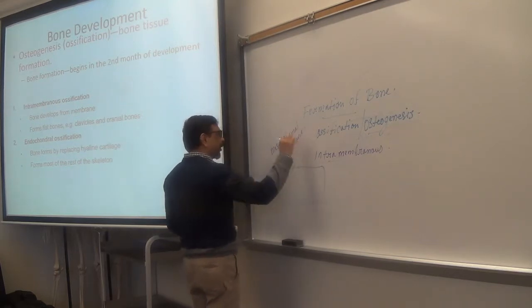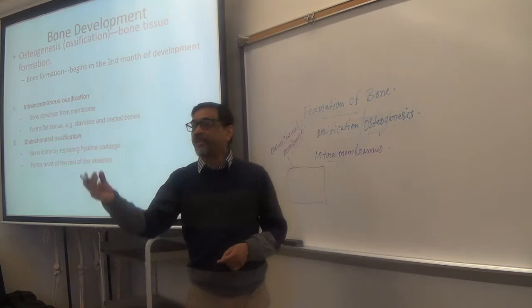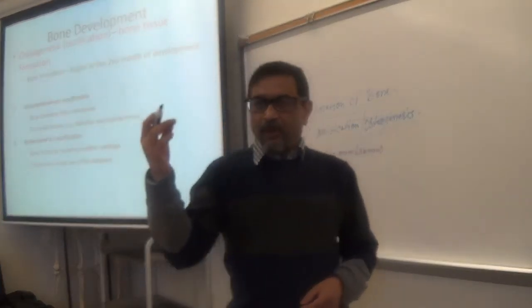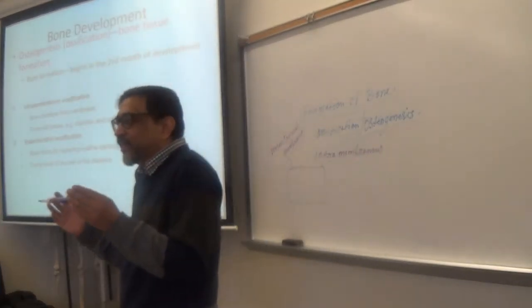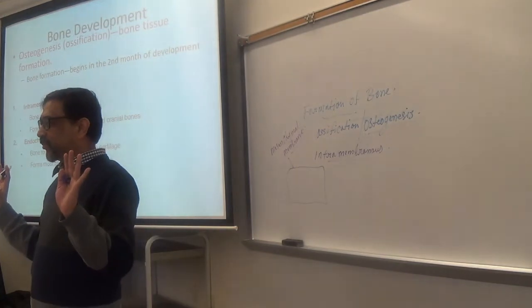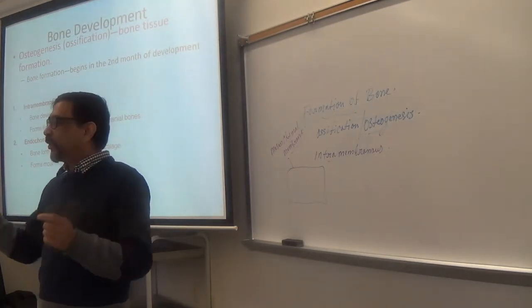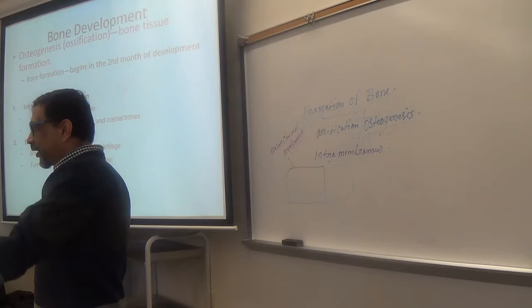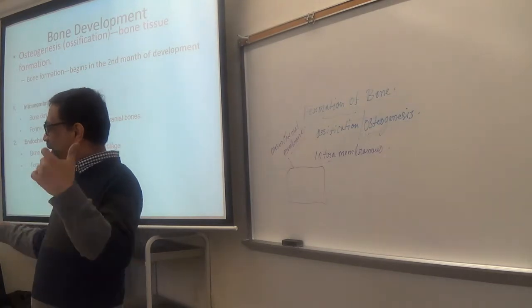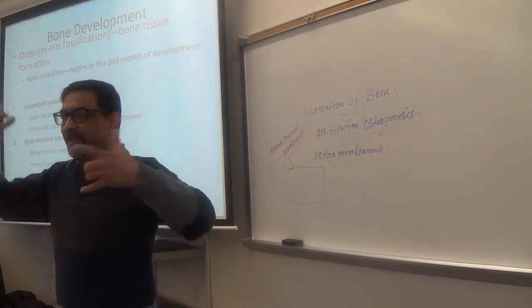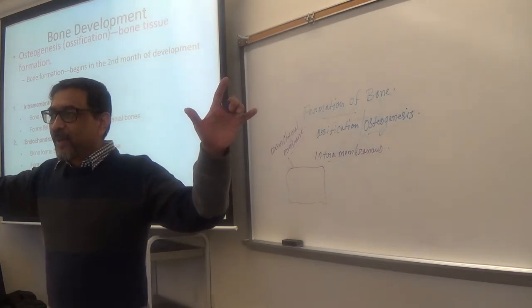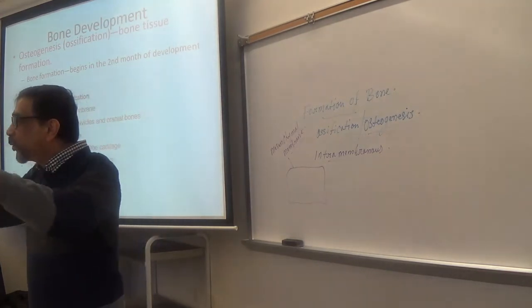Mesenchyme is embryonic tissue. All connective tissue structures come from mesenchyme. You remember your bones are connective tissue, cartilages are connective tissue, blood is a connective tissue, fats are connective tissue, right? They are different from each other, but why do they all belong to connective tissue?